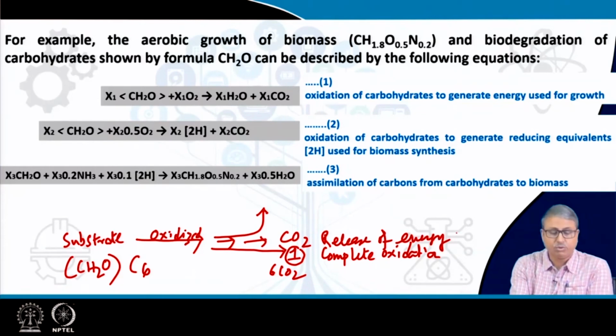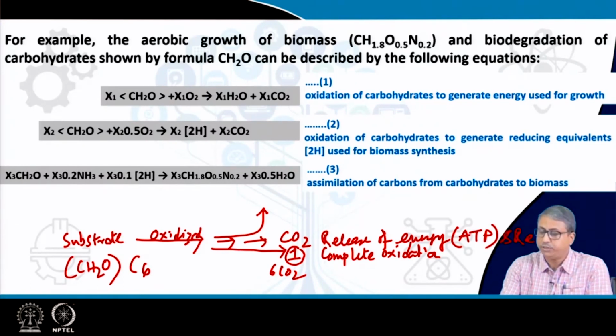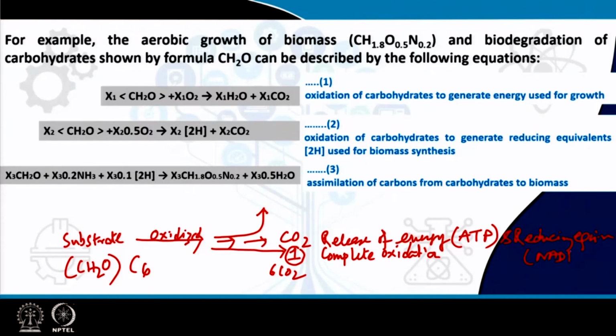Because as the glucose or the carbon substrate is completely oxidized, maximum amount of energy can be obtained in the form of ATP, for example, and also the reducing equivalent like NADH plus H plus. Now, this NADH H plus or its counterpart like the NADP can be utilized for biosynthesis also. So, that is option 2.